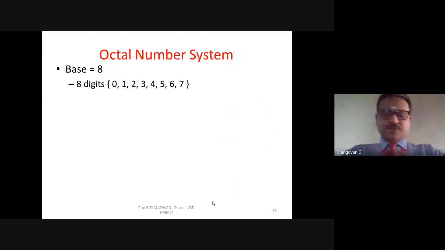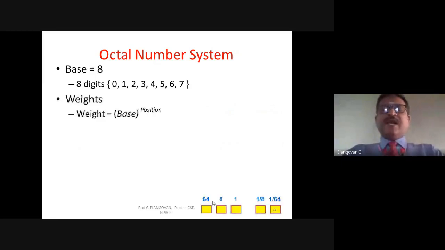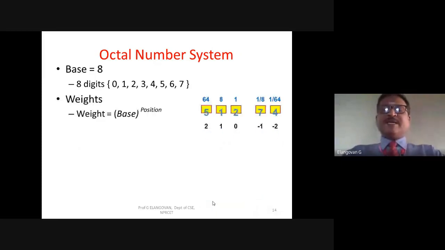The next most useful numbering system in the digital environment is the octal numbering system. Here the base is 8. As I mentioned, if the base or radix is 8, it is going to have 8 different symbols: 0, 1, 2, 3, 4, 5, 6, and 7. From the decimal point, each position towards the left increases from 0, 1 with the base power.